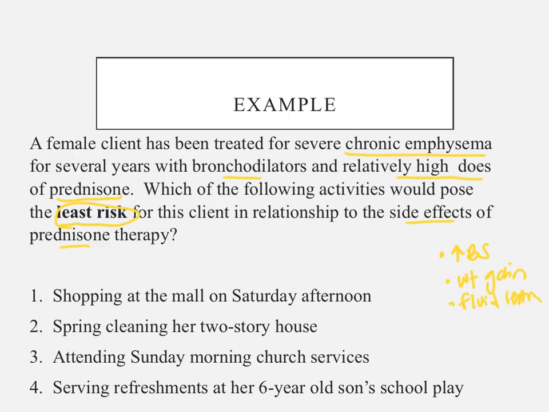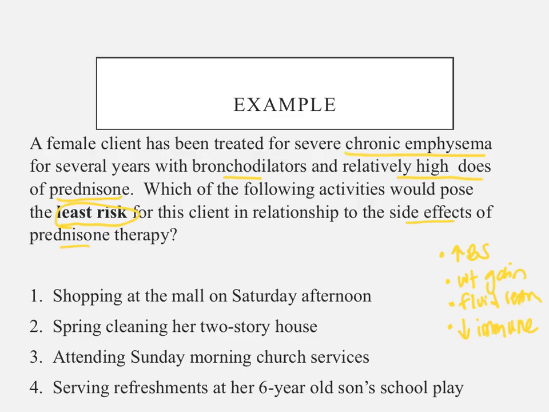It also can decrease the immune system because it's immunosuppressant. All right, so now I've got my side effects, and now I need to figure out what is the least risk for the client related to these side effects.